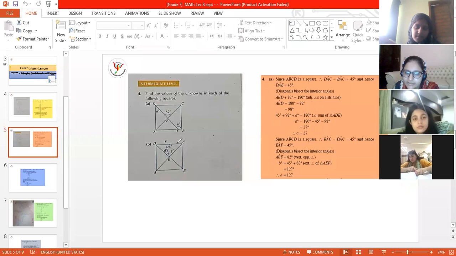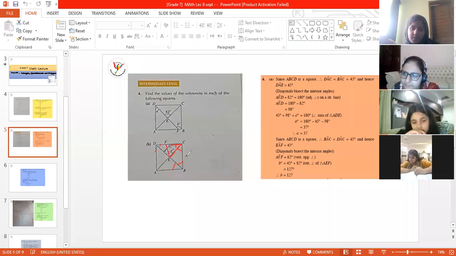So the diagonals are cutting: this will be 45, 45, 45, 45, and they will become 90 degrees each. Is this clear?